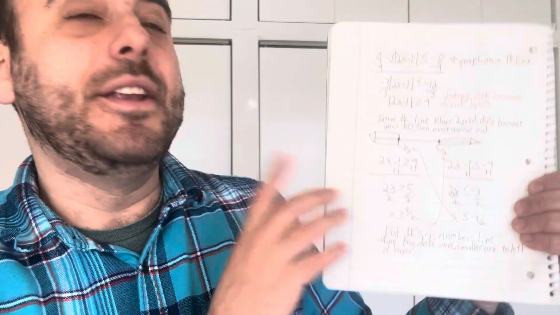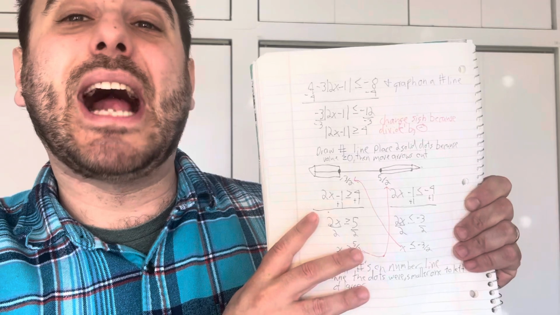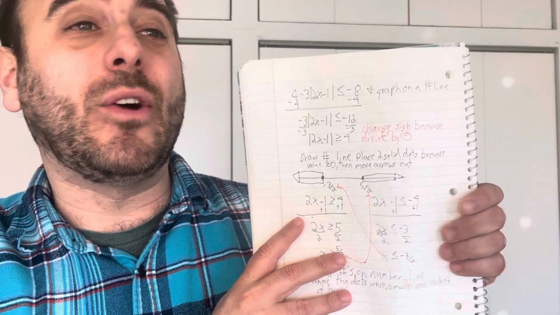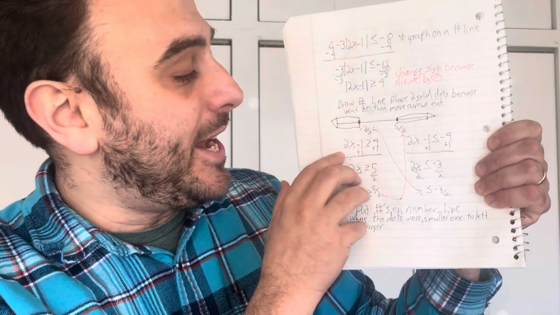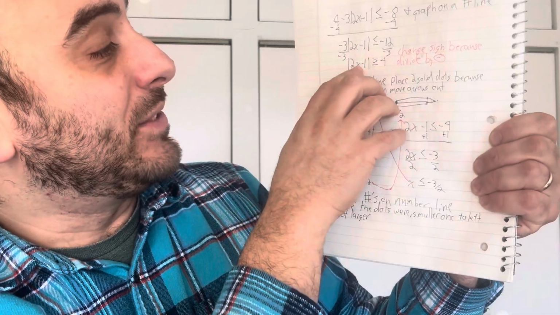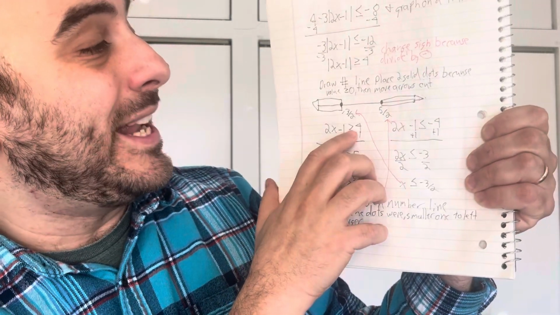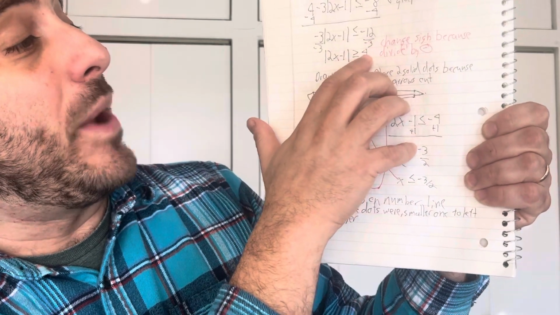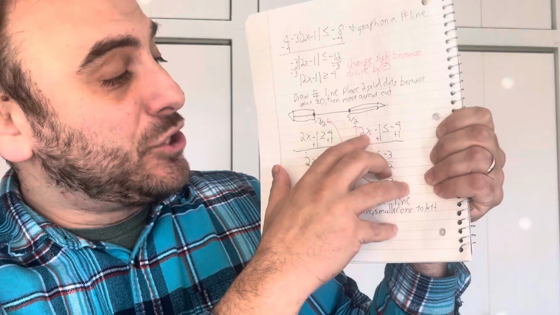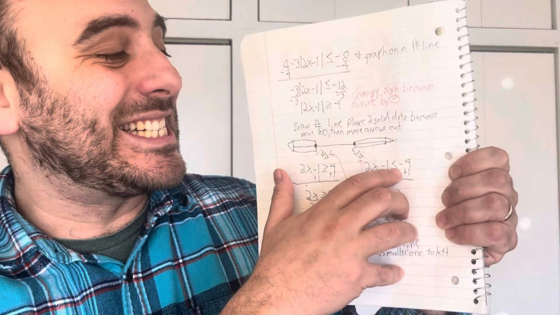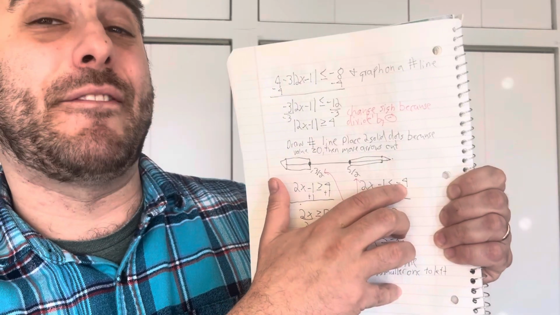Now, when solving an absolute value equation, or in this case inequality, we set up two separate inequalities. One is whatever's inside, 2x minus 1, is greater than what we had here, 4, or we take the opposite, which is 2x minus 1 is less than or equal to negative 4.